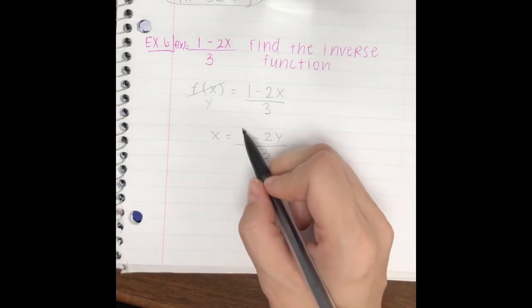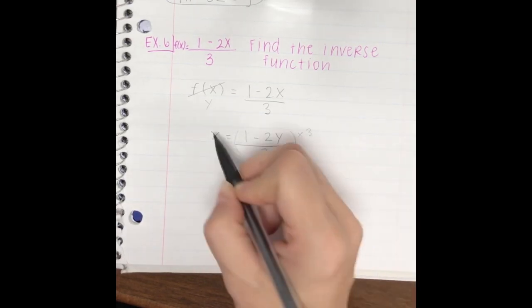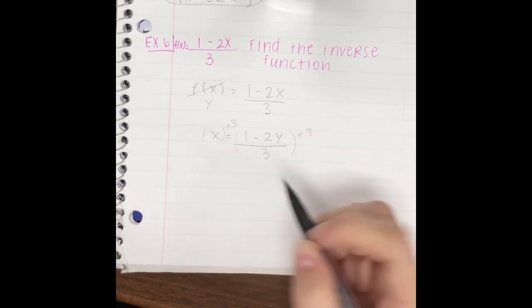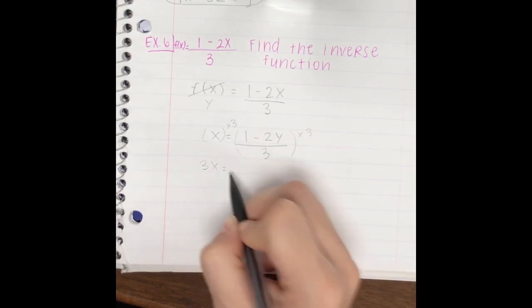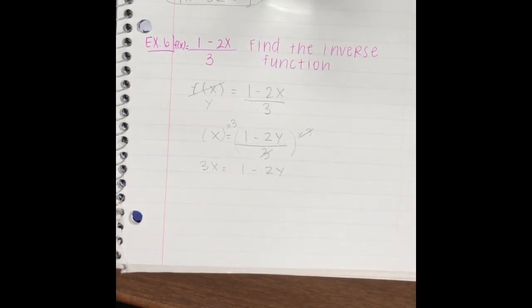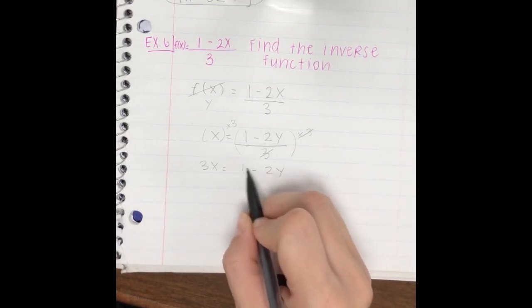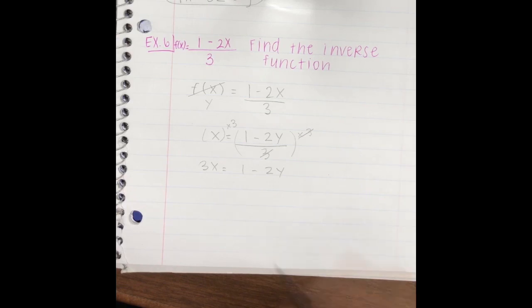So to get y by itself, we're going to start by canceling out this 3 that's being divided by doing the opposite and multiplying by 3. So we get 3x equals 1 minus 2y, because 3 divided by 3 is 1, so those go away. And then we're going to cancel out the number that's added or subtracted to my 2y.